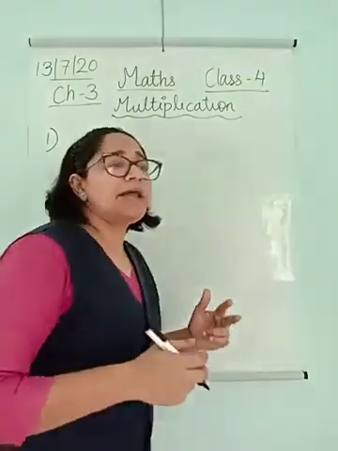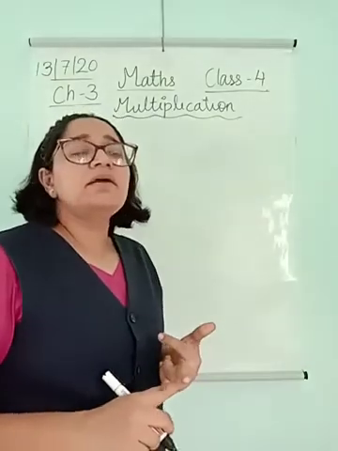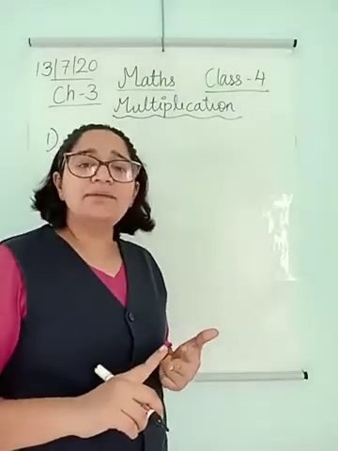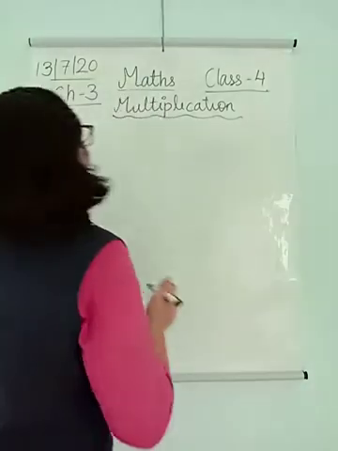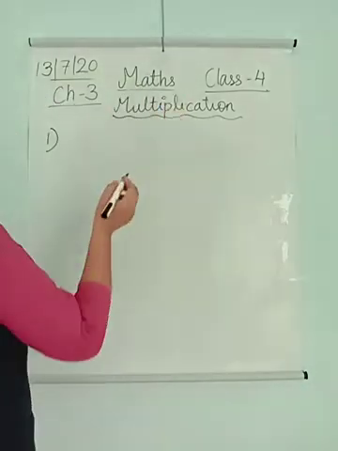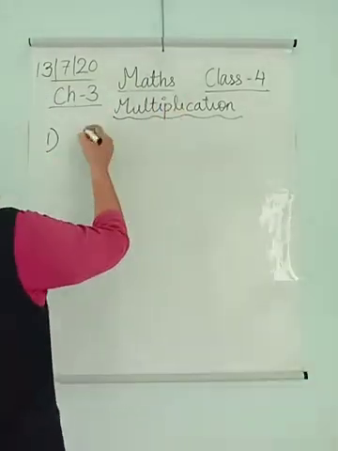The numbers that you are multiplying are called the multiplier and multiplicand.